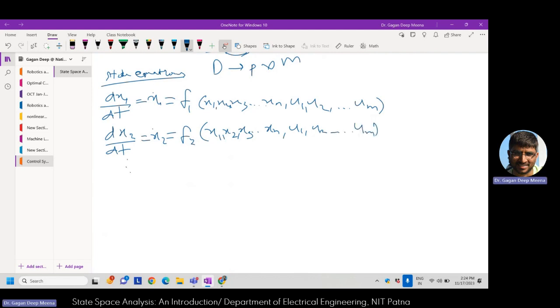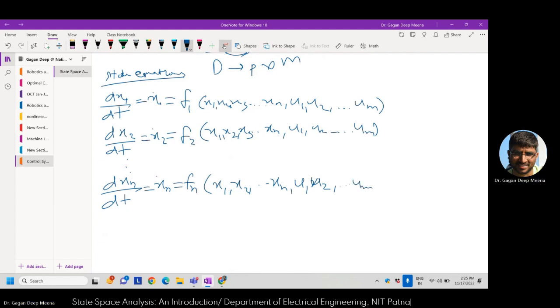Similarly it will go till xn dot, the nth order differential equation, which is the nth function f n of the same variables and the inputs for the nth function. So that's the general representation of state equations in the form of first order nonlinear differential equations.